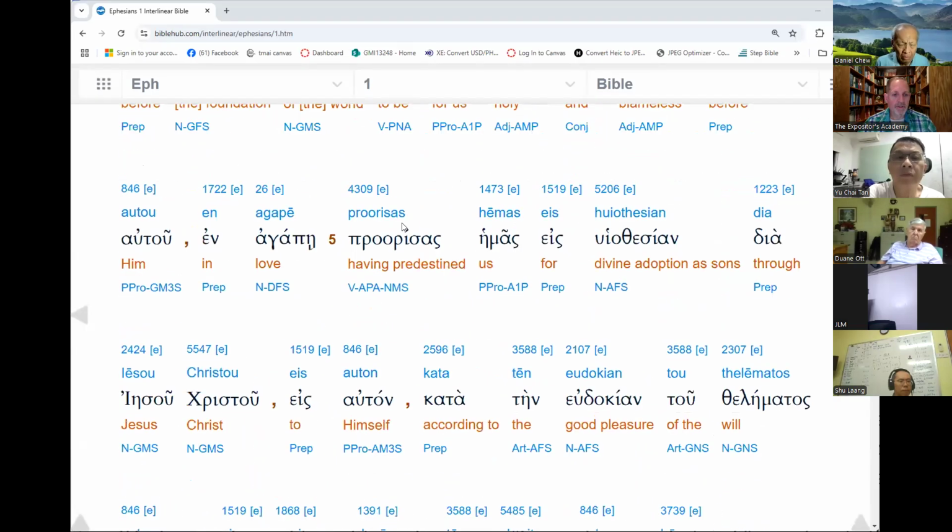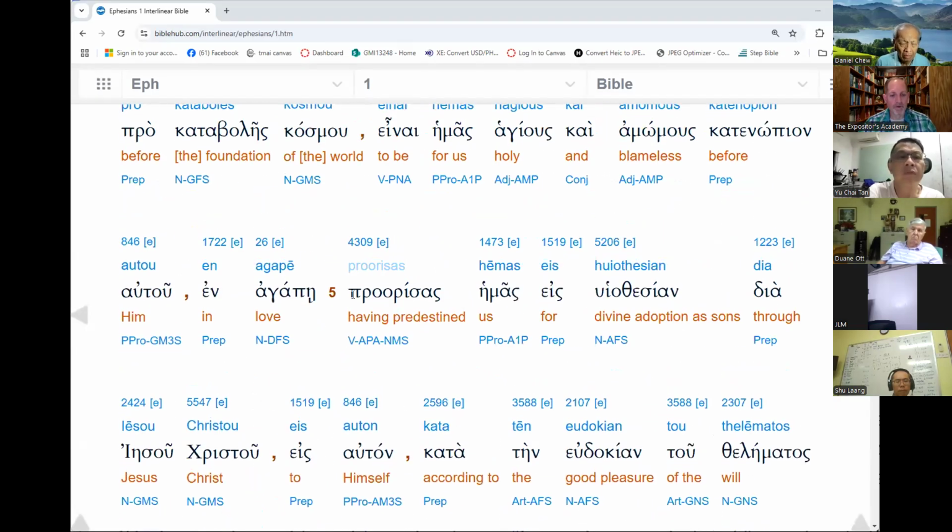And if you go to the interlinear, as I showed you here, if we're looking at Ephesians 1, verse 4, and we're looking at that word predestined, we can see it's a participle. If it's hard to read here, here's the Greek word, here's the most literal translation of that Greek word, and then below it on the interlinear, you have the parsing.